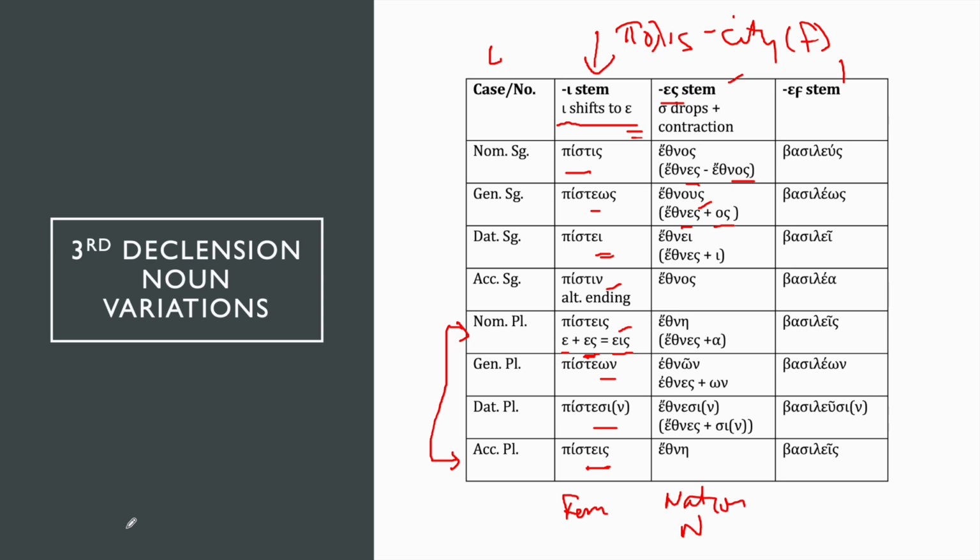Basileus means king. In the textbook, they simply call it an epsilon digamma stem. And really what it is, it's an eu stem. So this eu ending stem is really for all kinds of occupations.